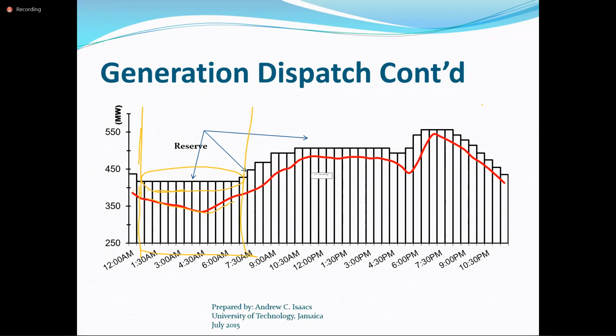One, it will take a significantly long time, not only to remove them from the system, but also to bring them back on the system. If you shut down these generators, it will take a long time for them to completely shut down. Let me give you an example. A steam unit. Steam is used to drive these units.